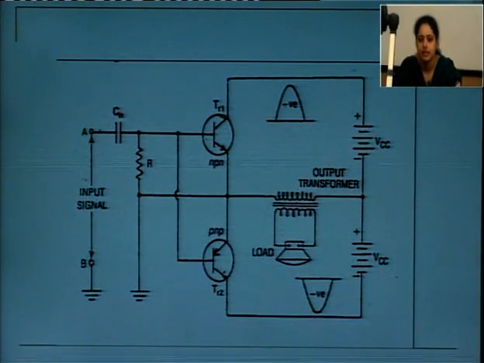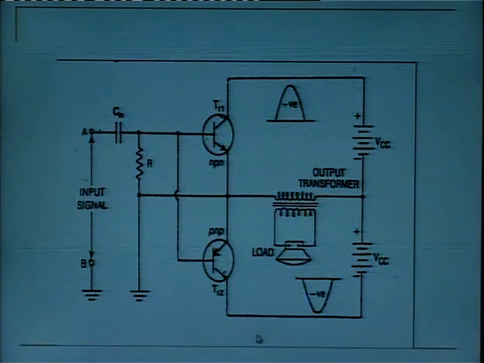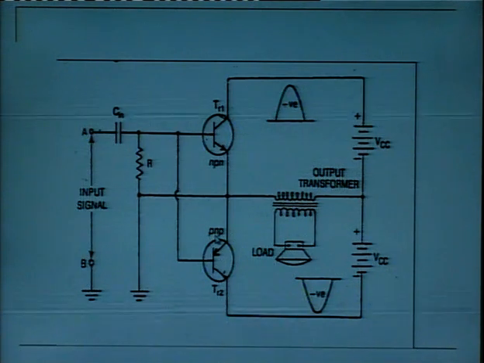Here is the circuit arrangement of your complementary push-pull amplifier. Here you have two transistors working as amplifier stages. The difference is that they are complementary, with symmetrical characteristics. Here you have NPN, here you have PNP. Center tapping is removed.